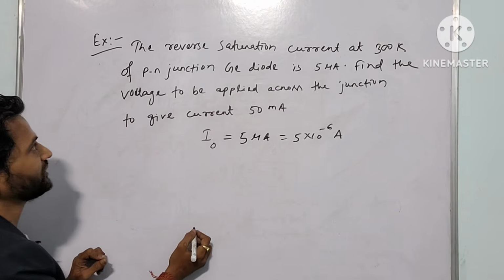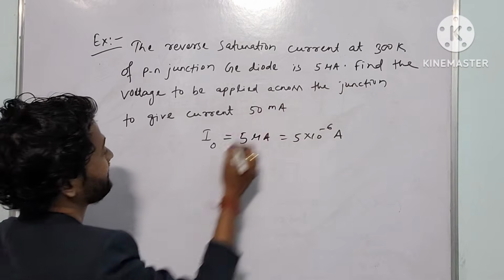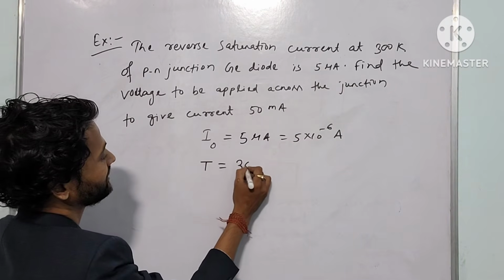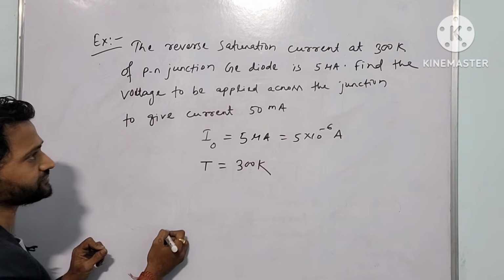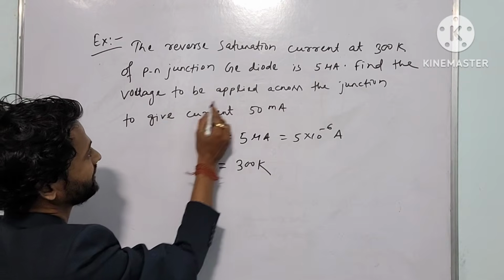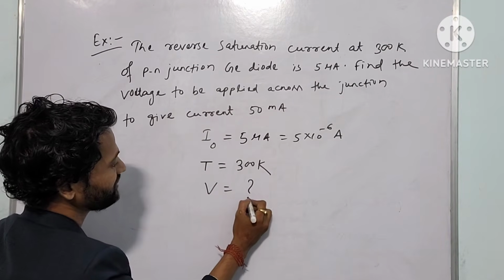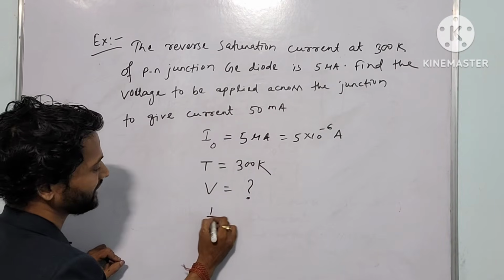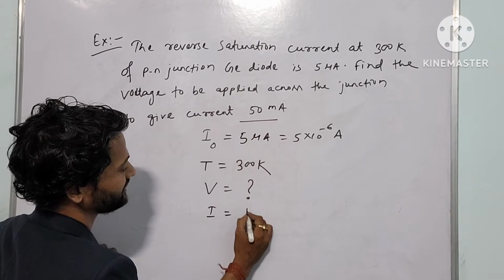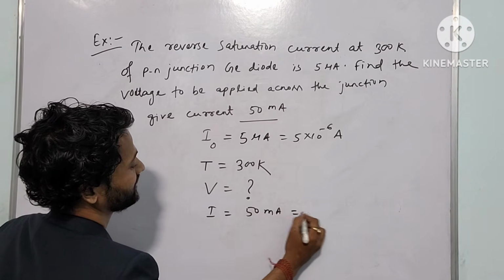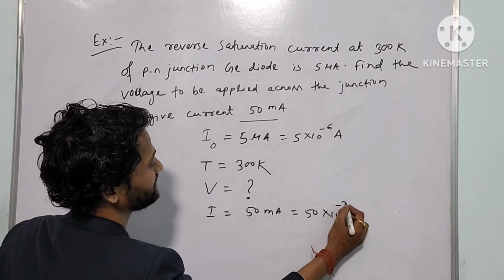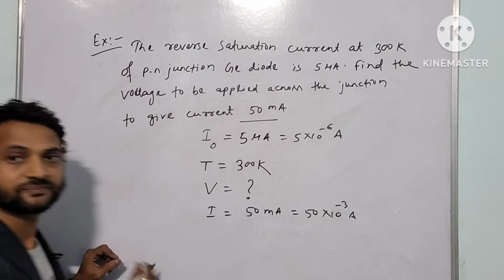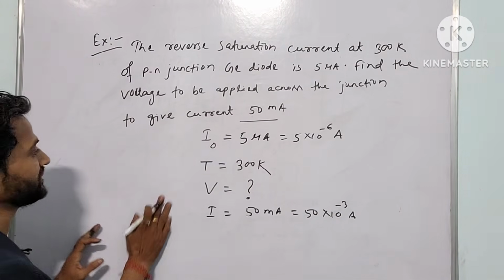Clear? Okay. And your temperature is given 300 Kelvin. And what is the applied voltage? We have to find out, and your diode current is given, which is 50 milliampere. That is 50 into 10 to the power minus 3 ampere. Clear? So you have to find out V.